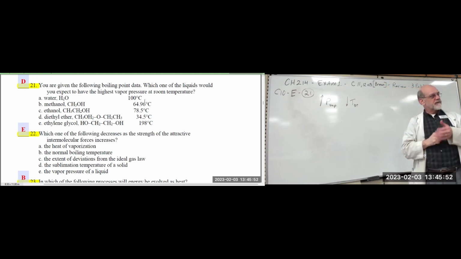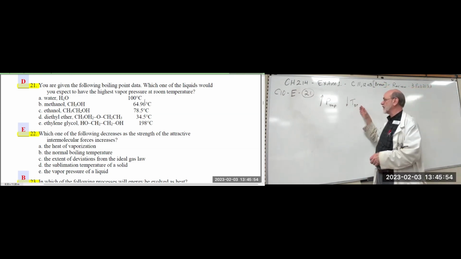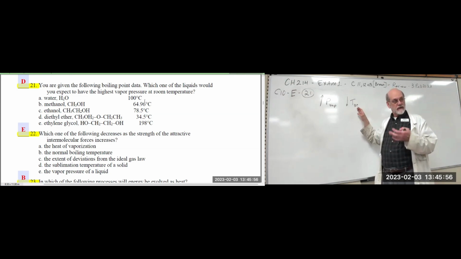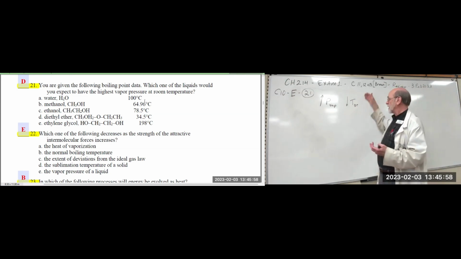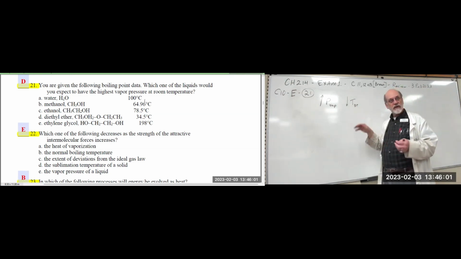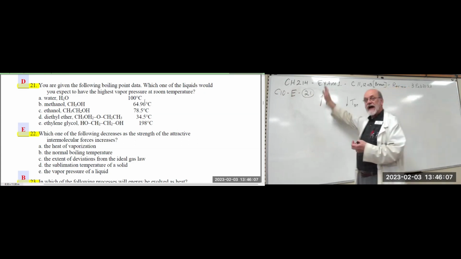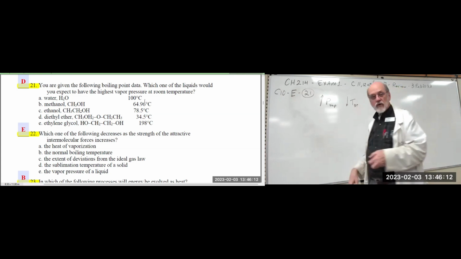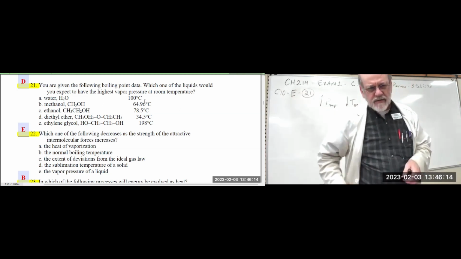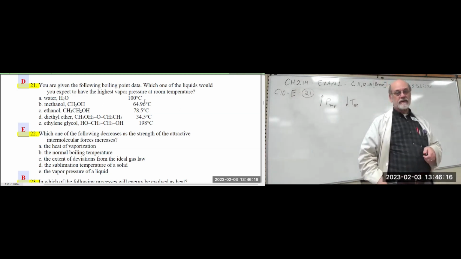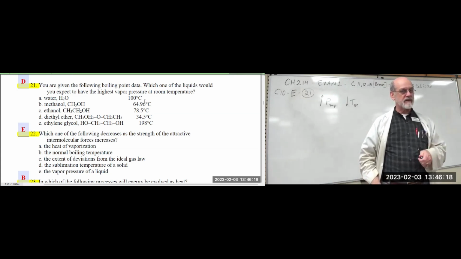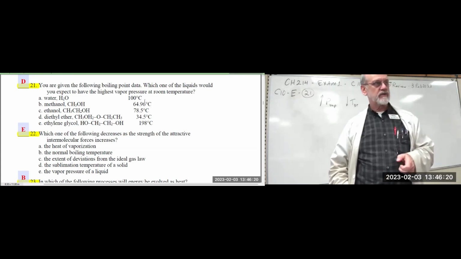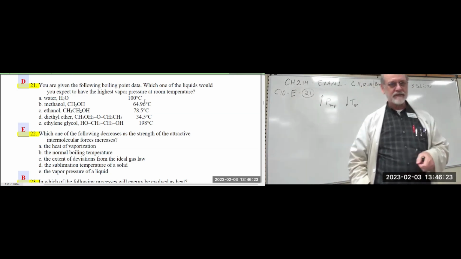Because we're talking about the effect that we're observing here, the boiling point, we're observing intermolecular forces. Lower temperature for boiling point means weaker intermolecular forces, and the weaker the forces, the higher the vapor pressure. So what we would want is the lowest boiling point of this group, which would be diethyl ether, 34.5 degrees Celsius, would be the highest vapor pressure, D.